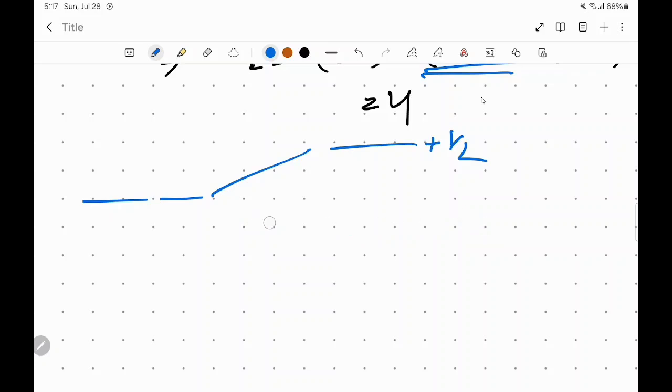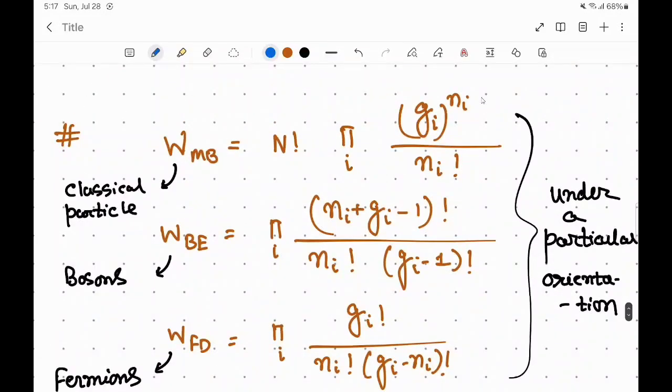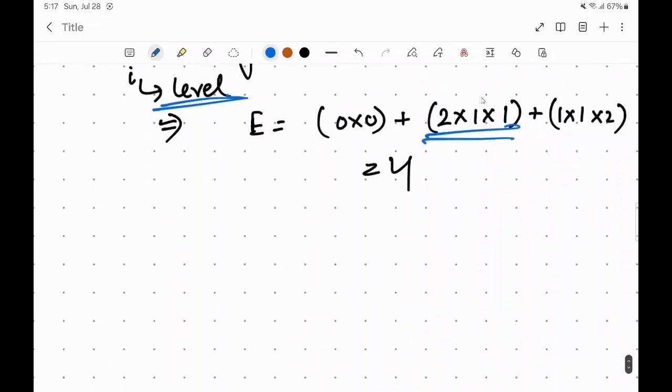That is not related with the occupancy. So this formula is safe. This formula you can use for general cases when there is degeneracy. So now from here you can see, if there is no degenerate level, if Gi equals 1, what was I discussing? For the bosonic case, what will be the reduced formula?